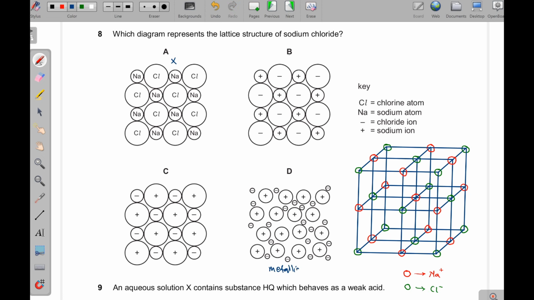This is metallic bonding, where we have a lattice of positive ions surrounded by a sea of delocalized what? Electrons. So even this one will be off. Now, like I've told you, sodium, which is positively charged, has a smaller ionic radius. So we should look for sodium when it is small, but here it is big. So this one has to be off.